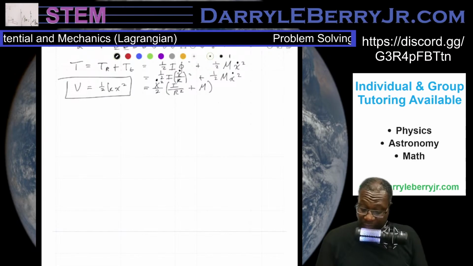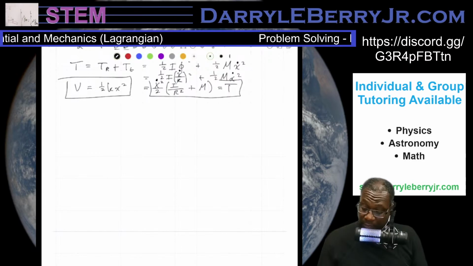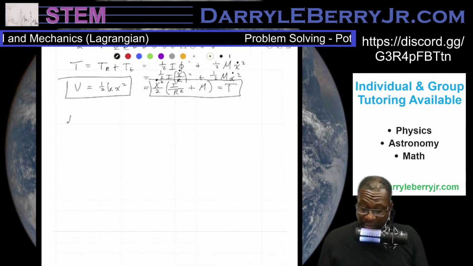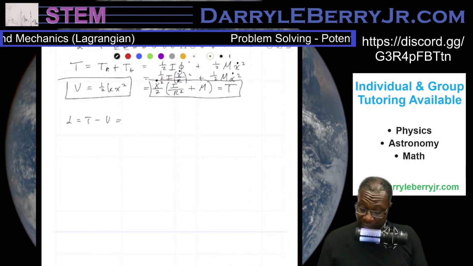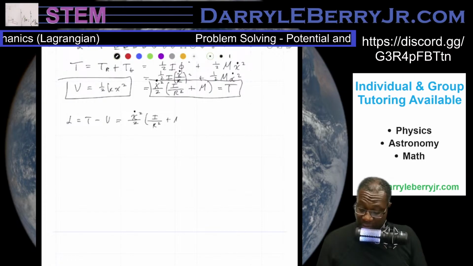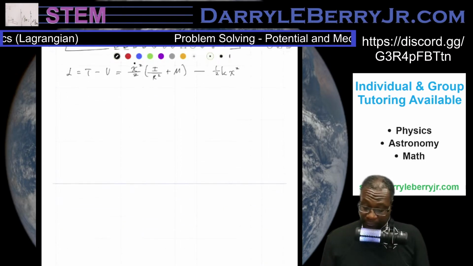So that looks okay, and this equals T. Now I can do my Lagrangian. L equals T minus V equals x dot squared over 2 times I over r squared plus m, minus 1/2 k x squared.